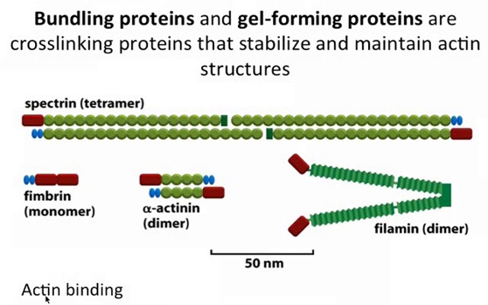Do you think spectrin is going to be involved in formation of actin bundles or an actin gel or web, based on where actin binds? Okay, well, we can think about it more. You'll see some pictures. The answer is bundle.